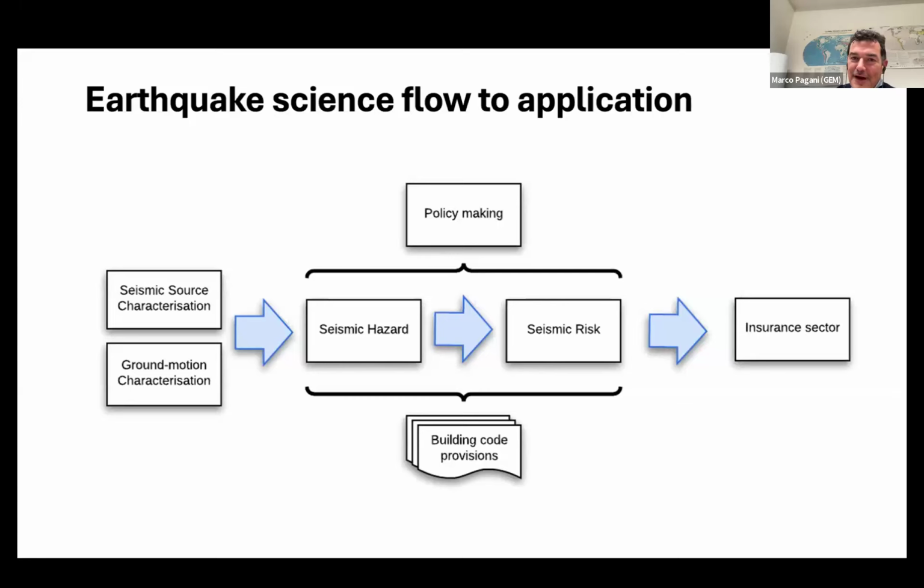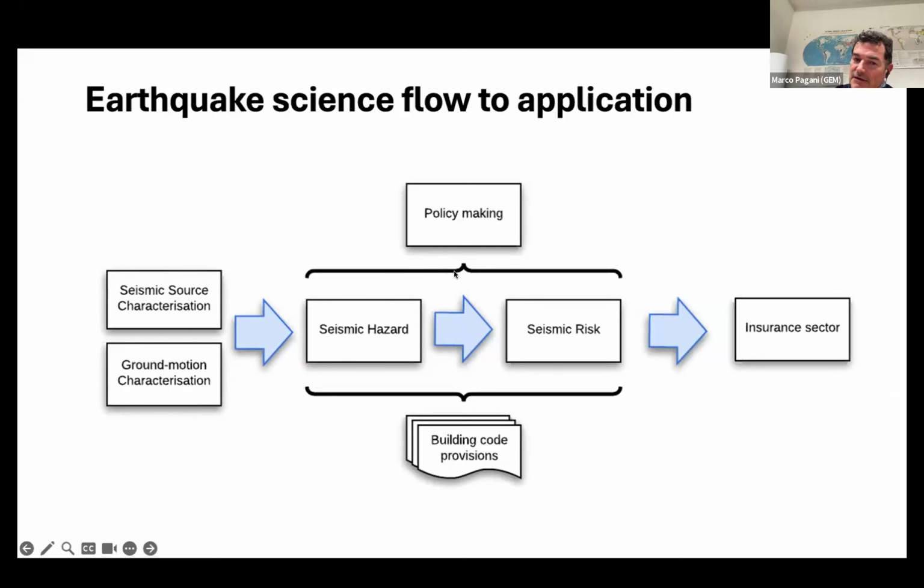First of all, the flow that I see, this is not exactly an application in communication, but more on dissemination and maybe also exploitation, is to start from the seismic source and ground motion characterizations, which are the two main components of a hazard model. You calculate hazard, you calculate risk.